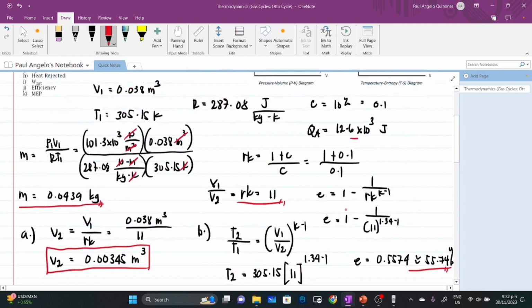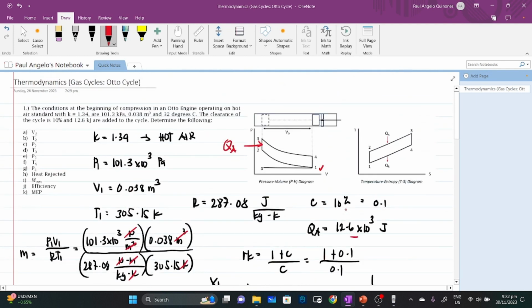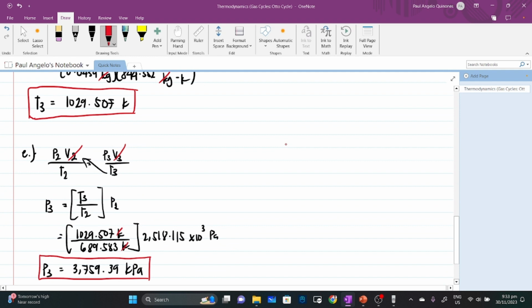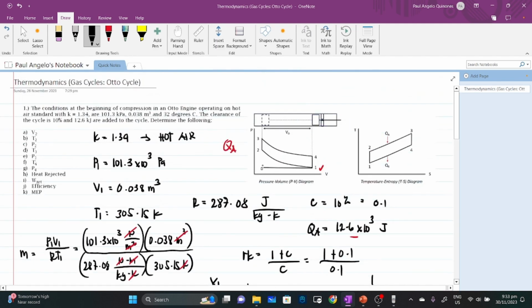Okay, so we are asked to solve for T4. T4, we can use the isentropic relation. So we came from point 3, we came from here. Okay, so we are going downward. So we need to relate point 3 and point 4. So that is an isentropic relation. So letter F is simply T sub 4.